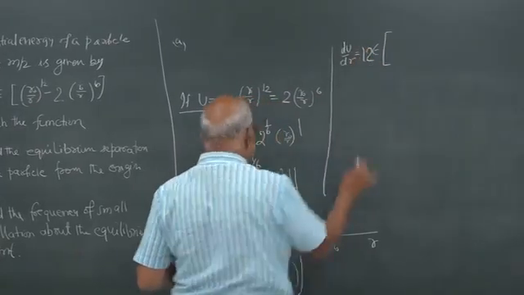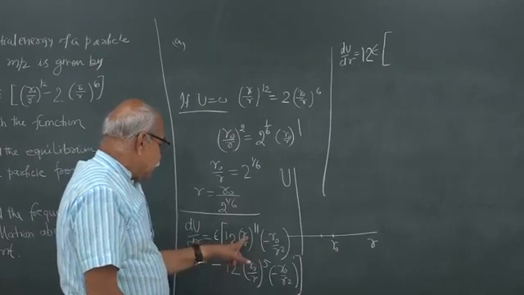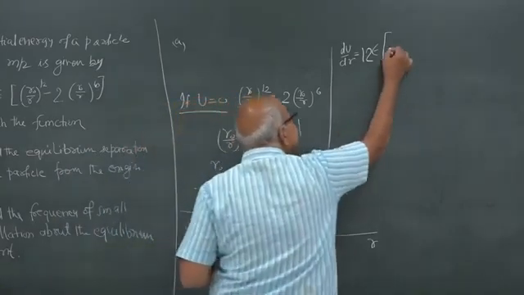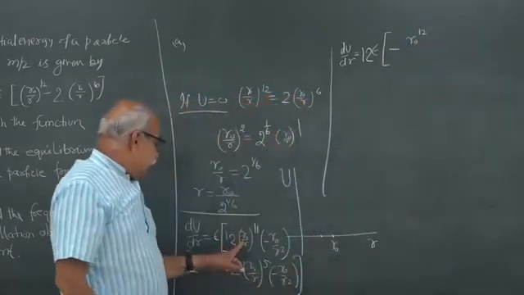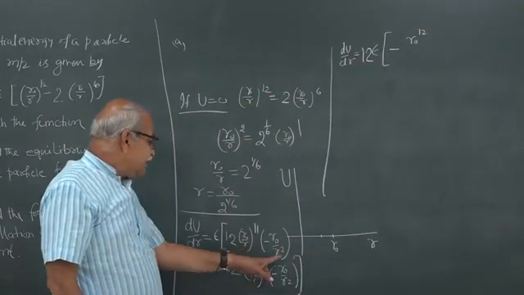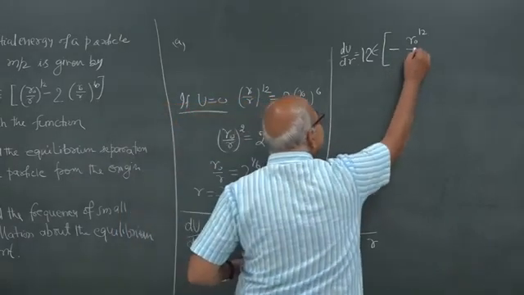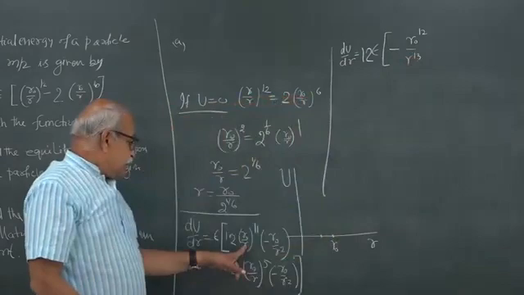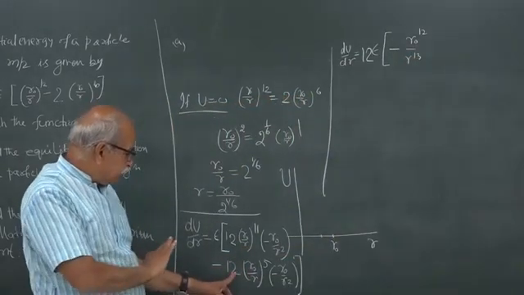Then it is minus r naught to the power 12, and then r to the power 13, right. So, divided by r to the power 13, and then here you have plus, and 12 we have already taken.